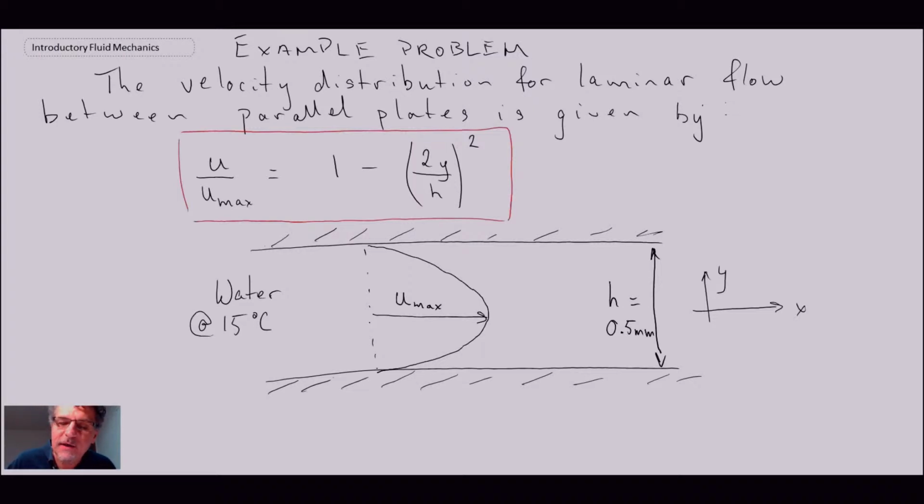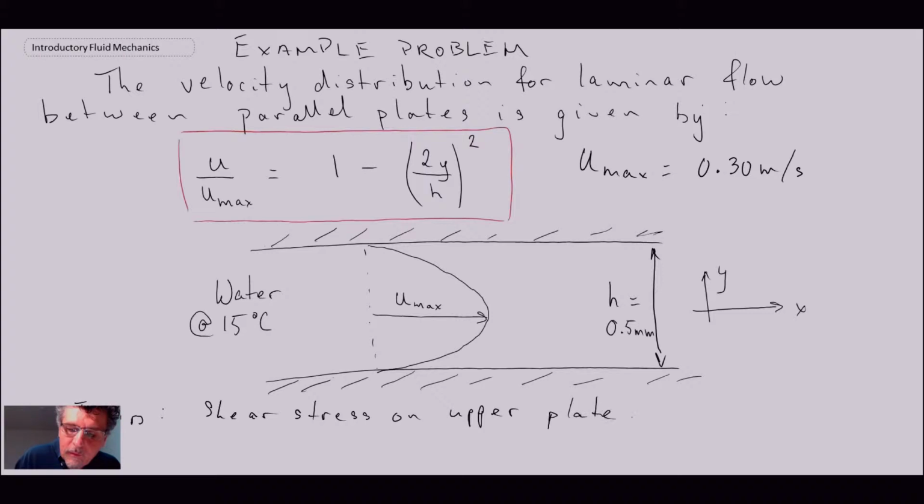The other thing that I should say is u max equals 0.30 meters per second. So what we're after, we want to determine the shear stress on the upper plate, and we want to know the direction of the shear stress.